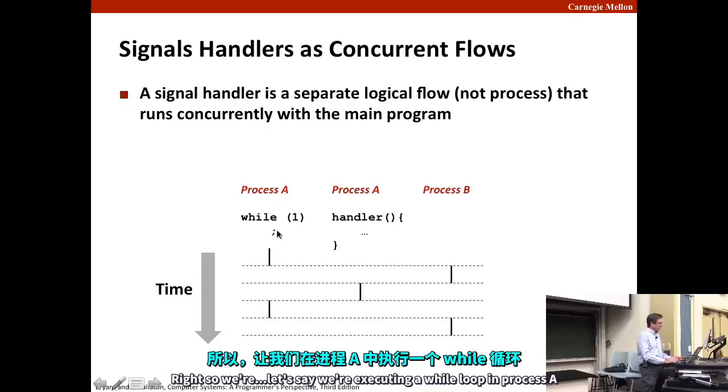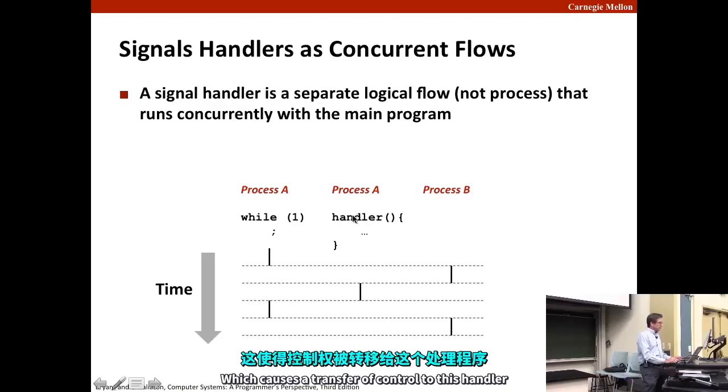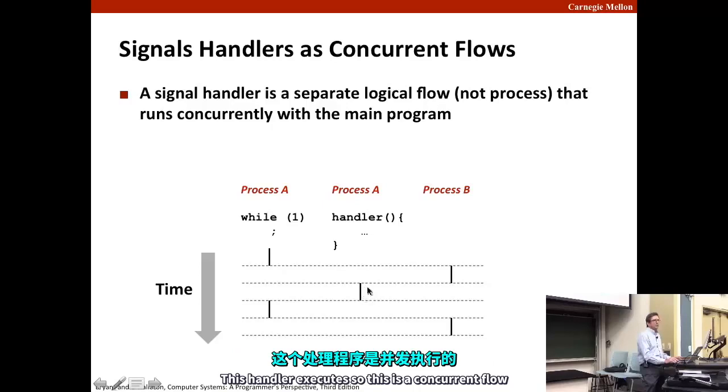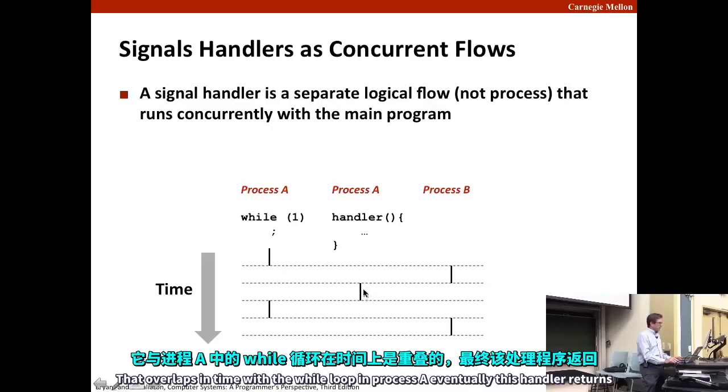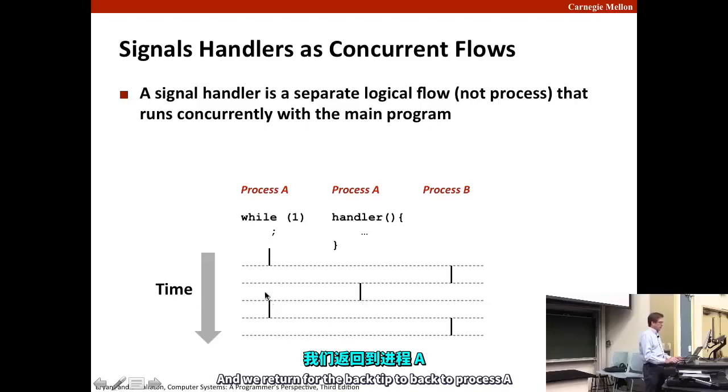So let's say we're executing a while loop in process A, and then process A receives a signal which causes a transfer of control to this handler. This handler executes, so this is a concurrent flow that overlaps in time with the while loop in process A. Eventually this handler returns, and we return back to process A.